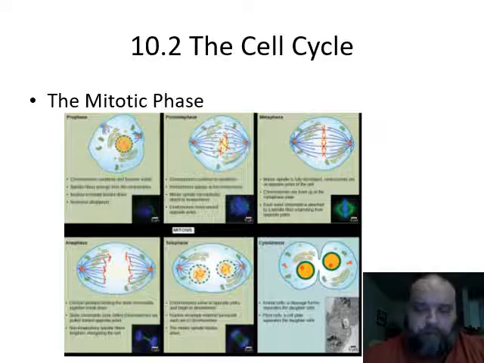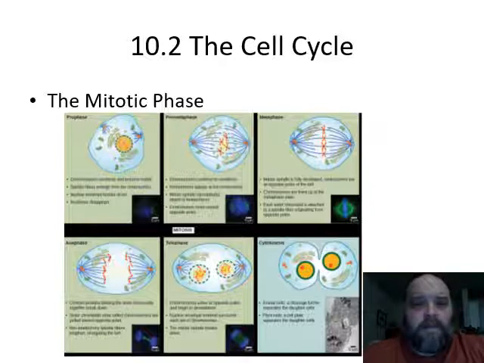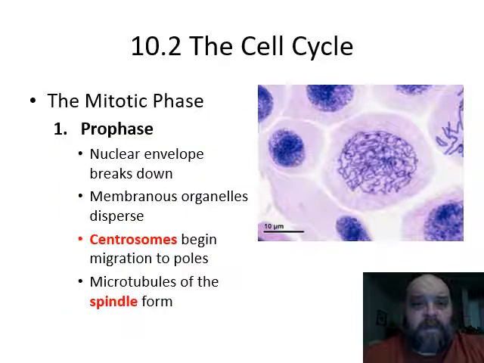Cytokinesis. Now what we're going to do over the next couple of lectures is go through each of these phases and discuss the characteristic actions, characteristic events occurring during these phases.